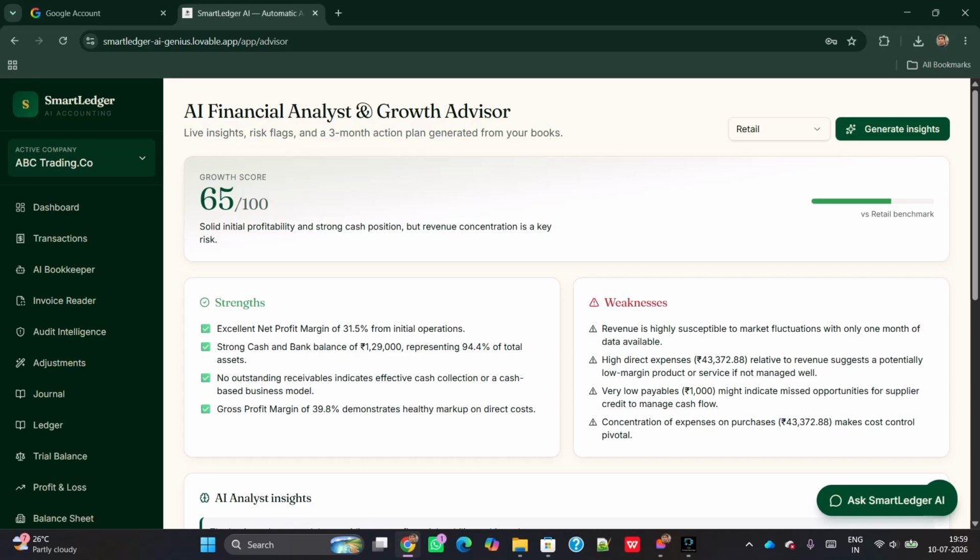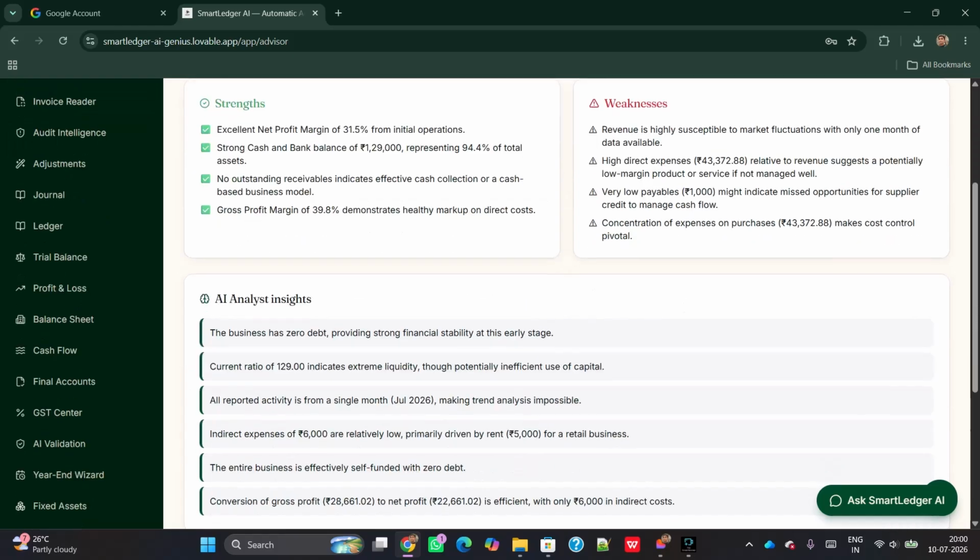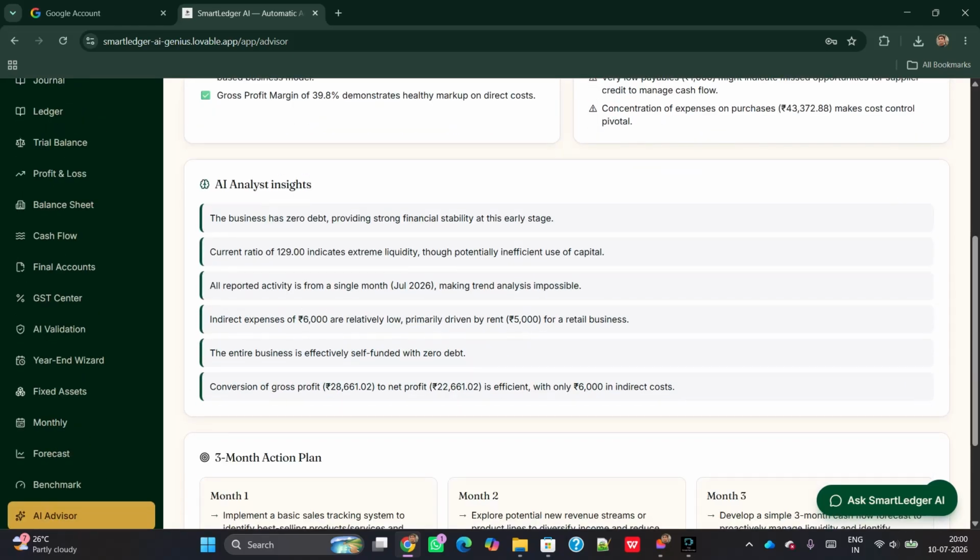Yes, here it has provided you the growth score, that is solid profitability and strong cash position, but revenue concentration is a key risk. It also provides you where you are lacking, what are your strengths, what are your weaknesses. It also provides a summary of your transactions.